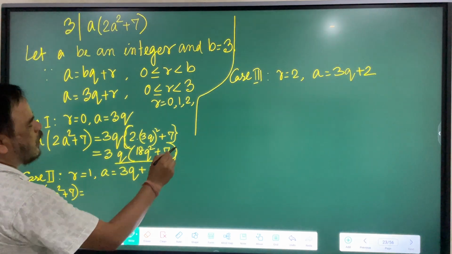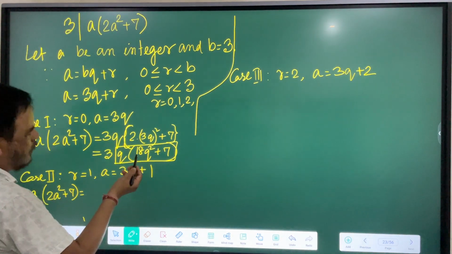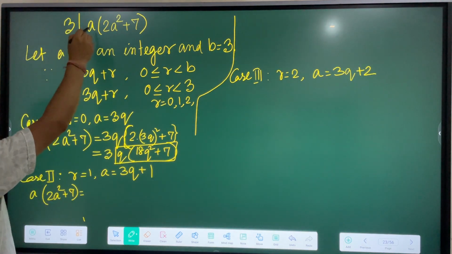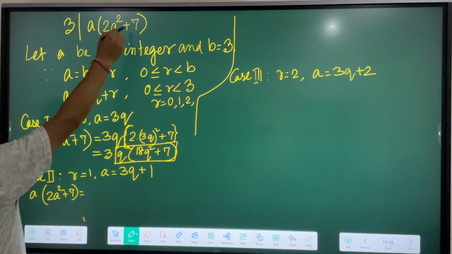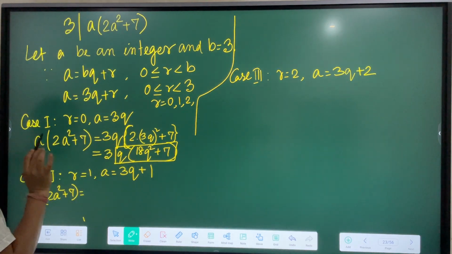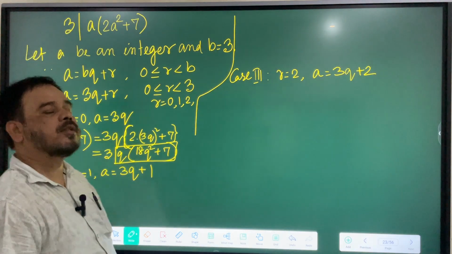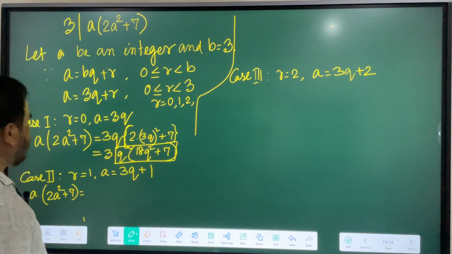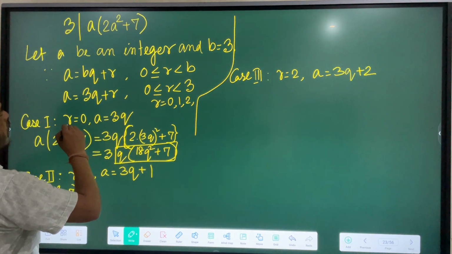After that, this is 3 into something. So a into 2a square plus 7 is divisible by 3. 3 divides a into 2a square plus 7, since a into 2a square plus 7 equals 3 into something. So it is divisible by 3. I have not written it here; you can write this one yourself. Case r equals 0 is finished.